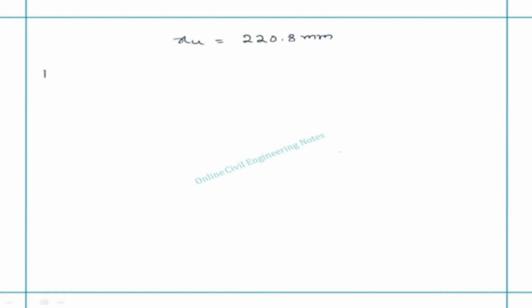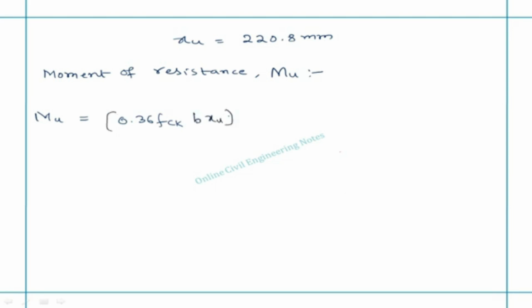Now calculate the moment of resistance. MU is equal to, for a doubly reinforced beam, 0.36 times FCK into BXU into D minus 0.42 times XU, plus for the imaginary section part, compressive force is FSC into ASC and lever arm is D minus D dash.